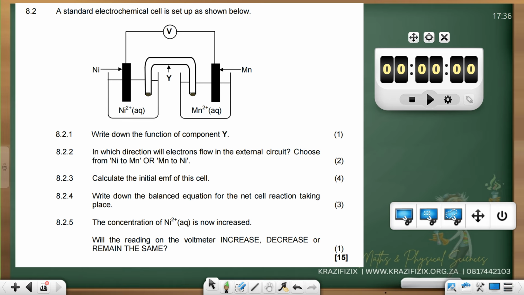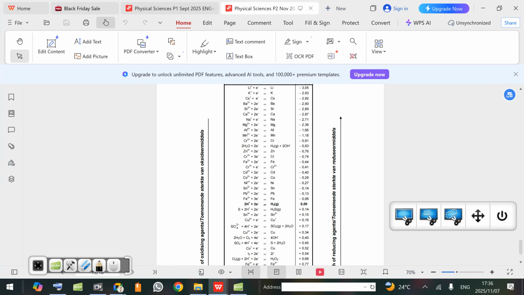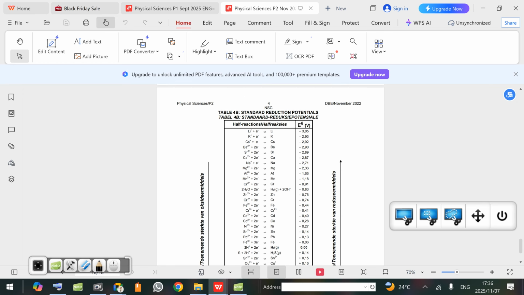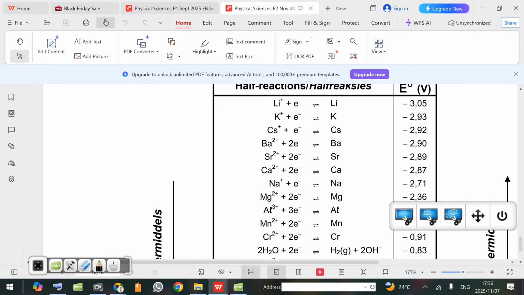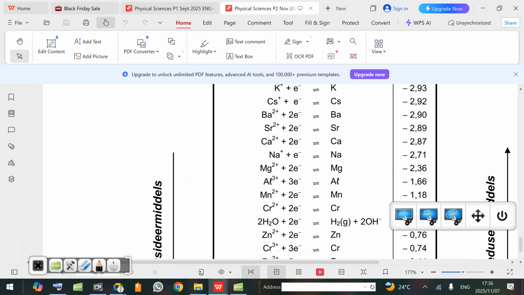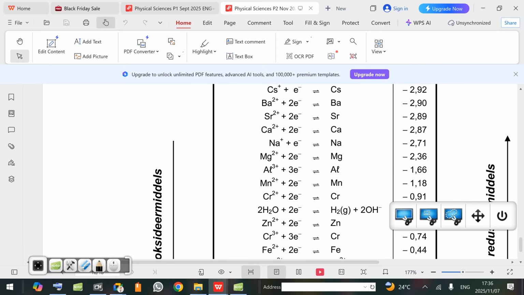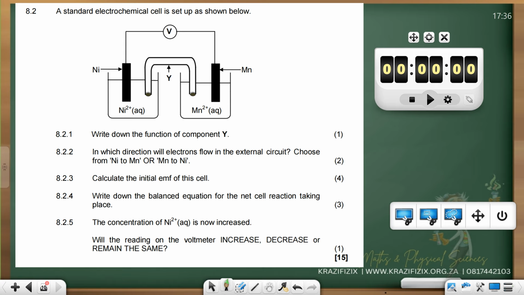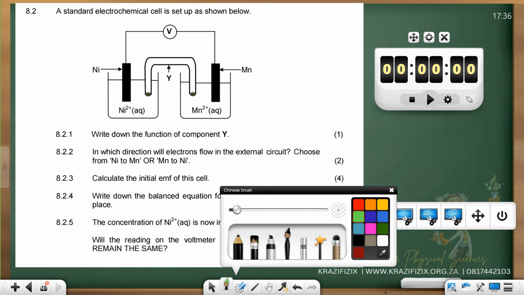So let's deal with the problem. Which table are we using? Let's use 4b. Please make sure we're not using 4a. We have Mn and Ni. If we scroll, Mn comes first. So automatically, Ni is at the bottom. So Mn is the anode. Linda, are we good there? So this is my anode.